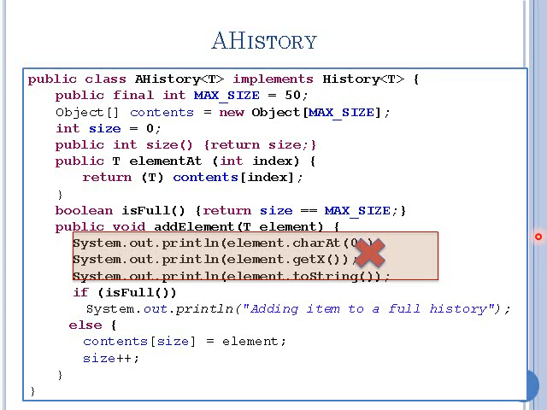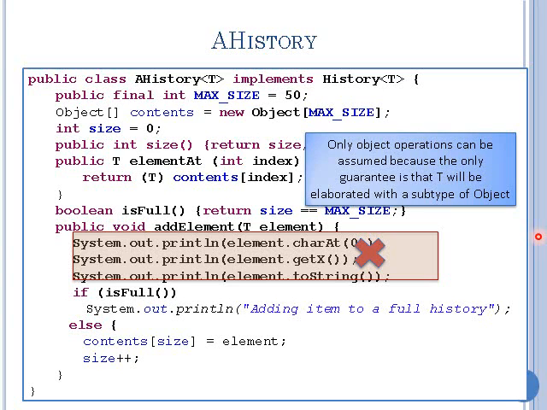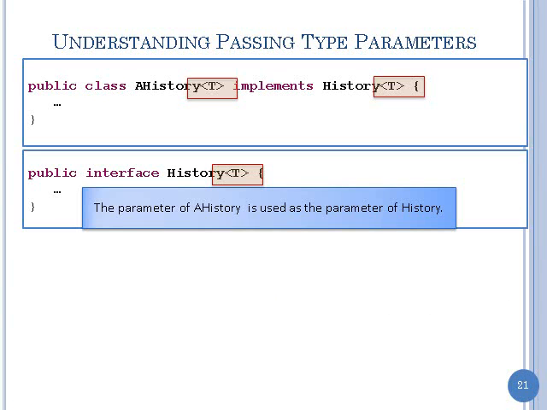At one time you had to do this conversion manually, and I really thank the Java guys who have started doing it automatically for us. So only object operations can be assumed because the only guarantee is that T will be elaborated with a subtype of object.